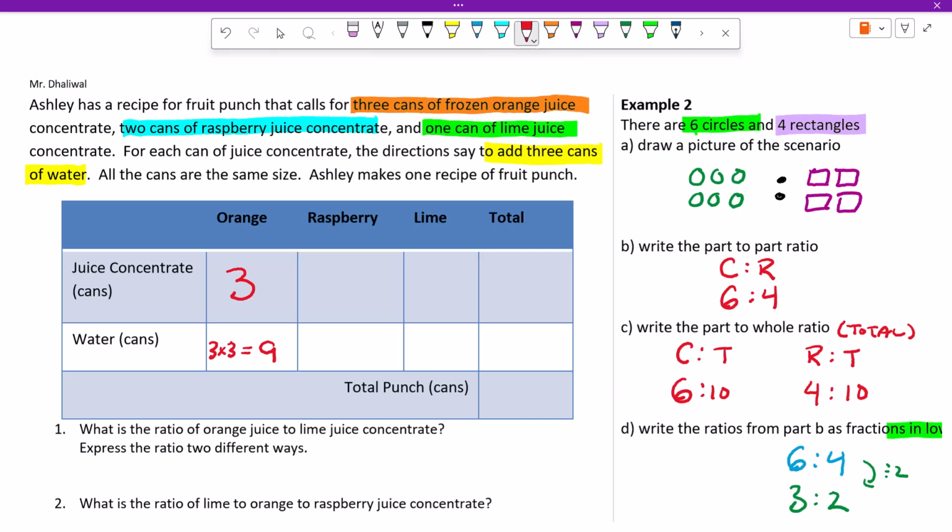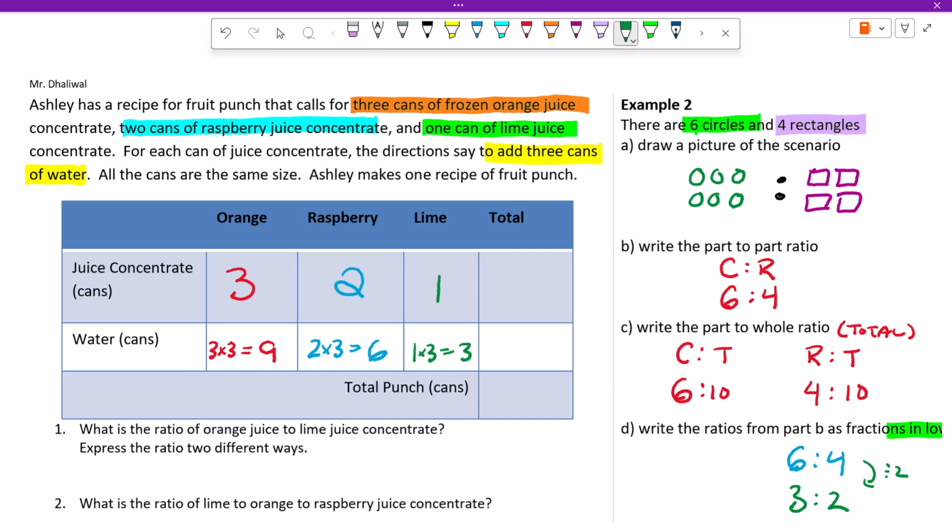It says we need 2 cans of raspberry. How much water do we need to add? 6. 2 times 3 gives us 6. Then we have our lime juice. How much water for our lime juice? 3, because 1 times 3 is 3.